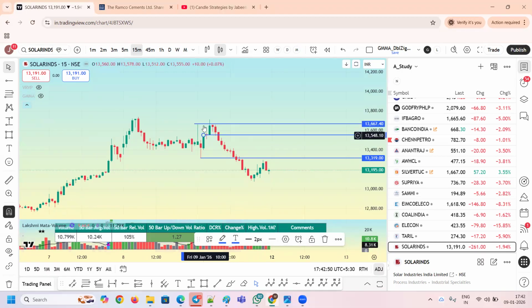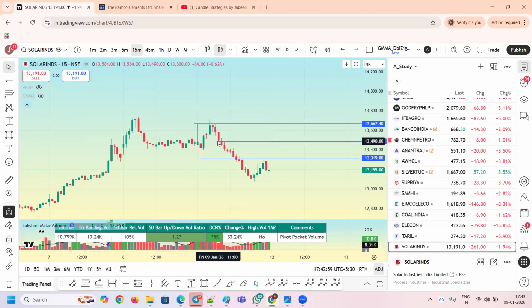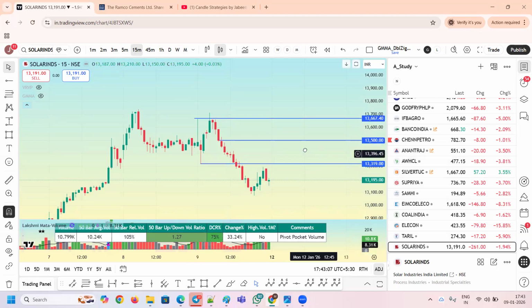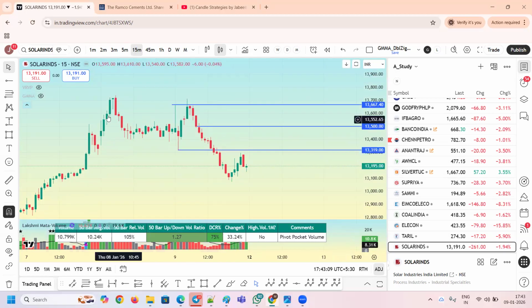Because it should come below this green, which is here. So my entry will be here, which is at 13,504, which is this. And I will exit here because I can't ride beyond this. But that is my capacity. Otherwise, you can wait till one green at least is formed properly.